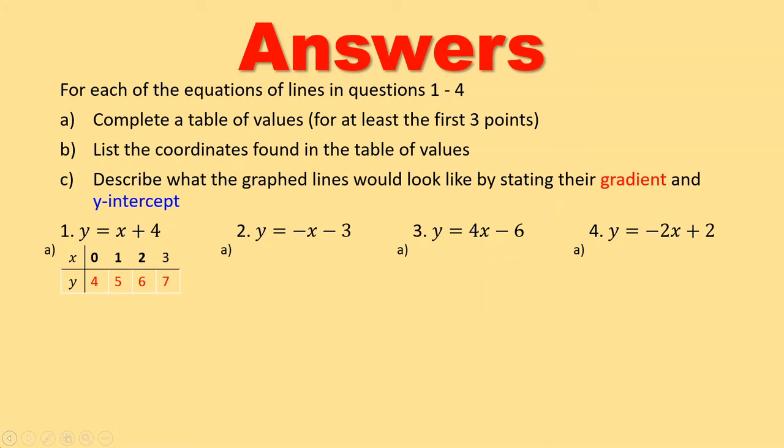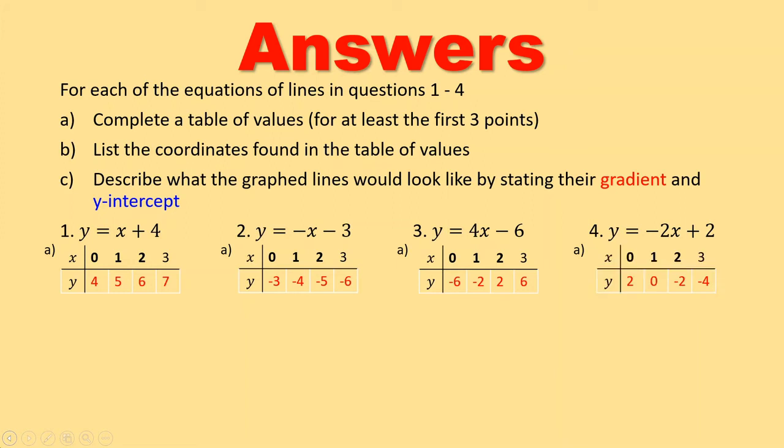When x is 2, y is 2 plus 4, that's 6. And when x is 3, y is 3 plus 4, that's 7. Now I've only asked you for the first 3 points, but I've given you 4 points, just in case anybody else has gone on as well. For question 2, for question 3, for question 4.